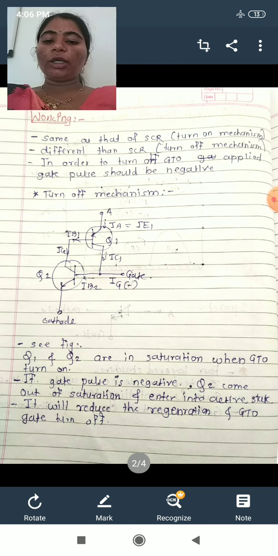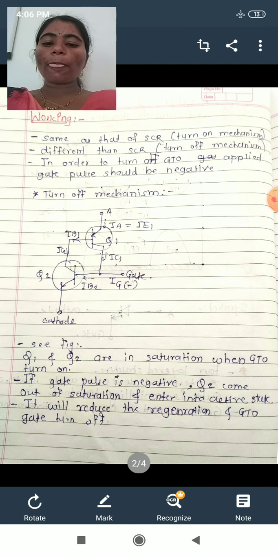And if the gate pulse is negative, this gate pulse is connected to the base of transistor Q2, and due to this negative pulse applied to the gate terminal, Q2 will come out of the saturation region and go into the active region.